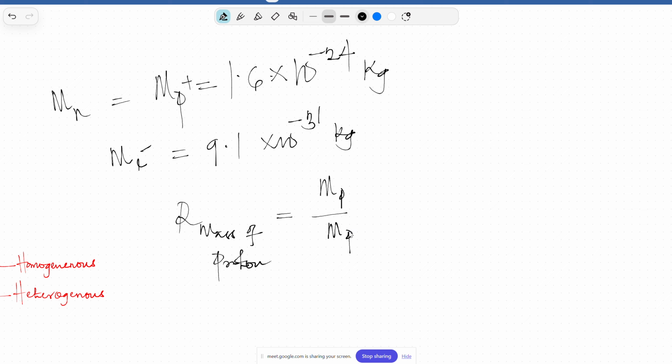So if I want to calculate the relative mass for photon, it will be the mass of photon divided by the mass of the same photon. For neutron, that will be the mass of neutron divided by the mass of photon. But because they have the same mass, it gives 1.0.